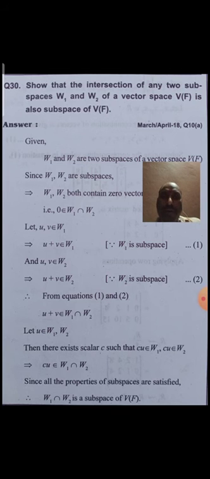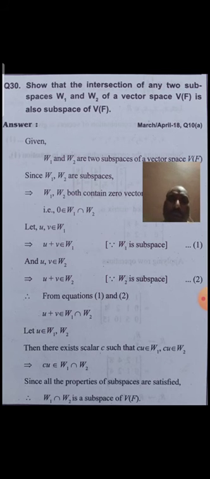Given that W1 and W2 are two subspaces of vector space V of F. Now to prove that W1 intersection W2 is a subspace of V of F.